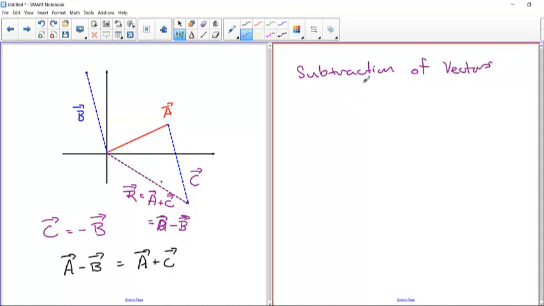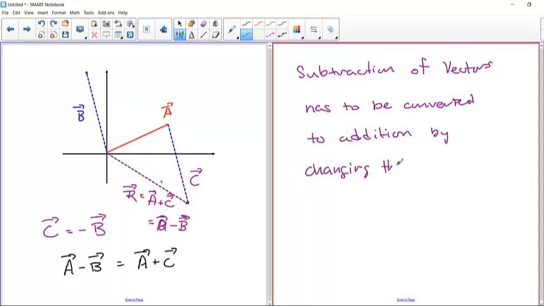To do it, subtraction of vectors has to be converted to addition by changing the direction of the subtracted vector (180 degrees).